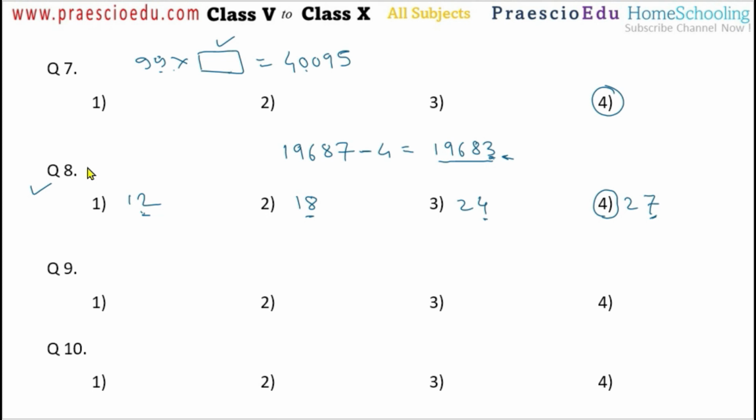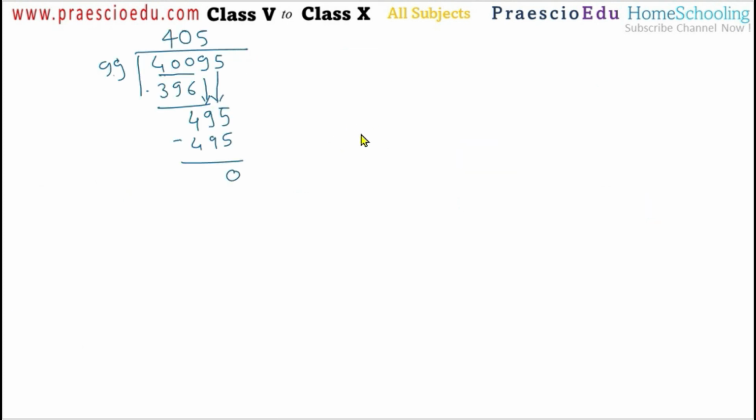Now question number 9. On dividing a number by 25, the quotient is 13 and the remainder is 22. Our formula is dividend equals quotient multiplied by divisor, plus remainder. The divisor is 25 and the quotient is 13.